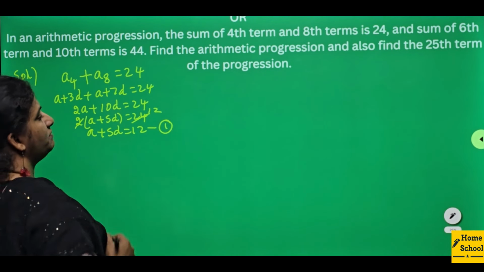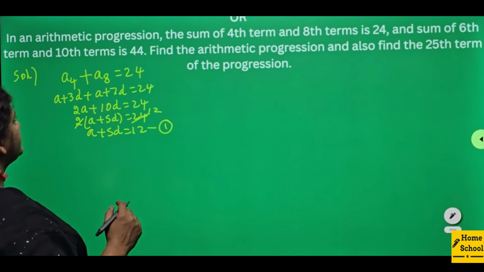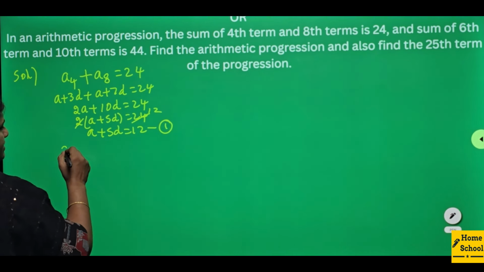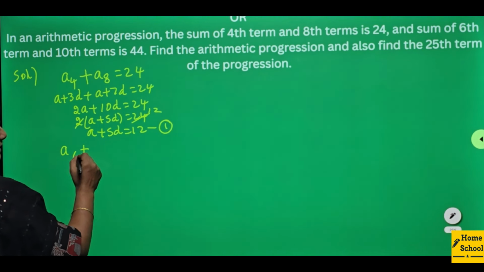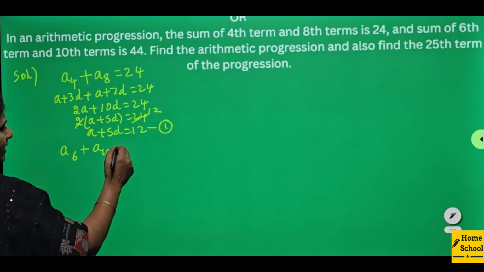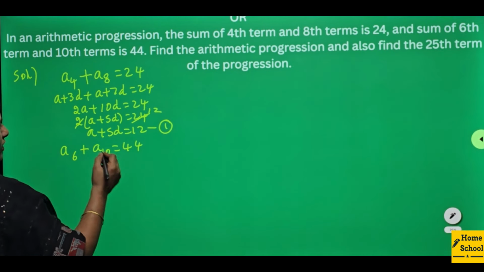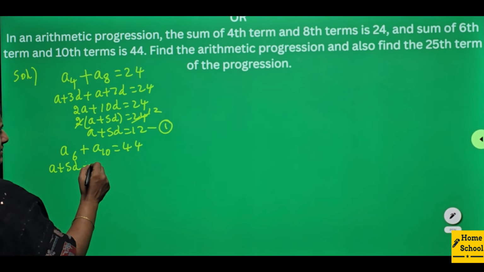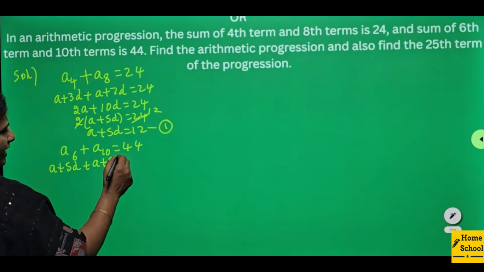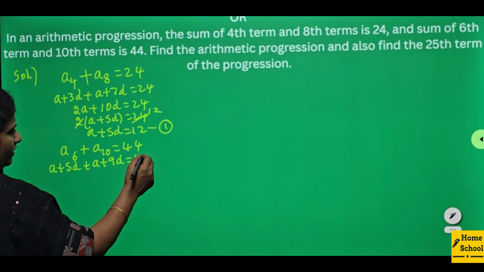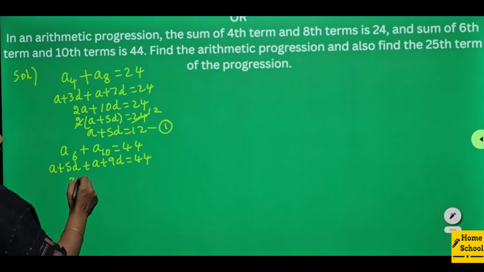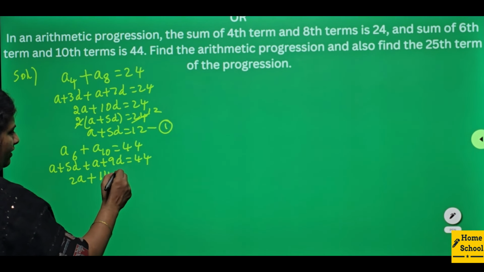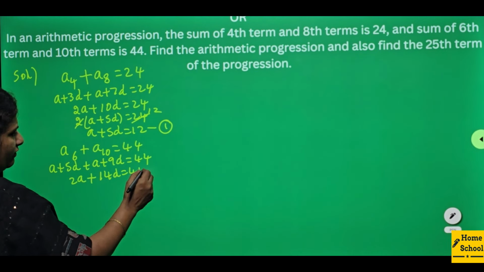Now next line. And sum of 6th term and 10th term is 44. Write in general form. a plus 5d plus a plus 9d is equal to 44. a plus a is 2a. 5d plus 9d will be 14d is equal to 44.